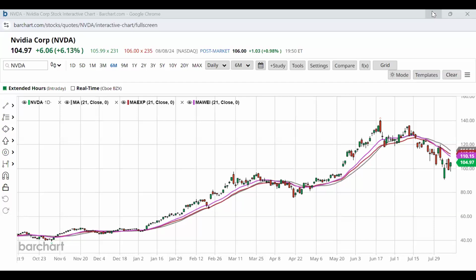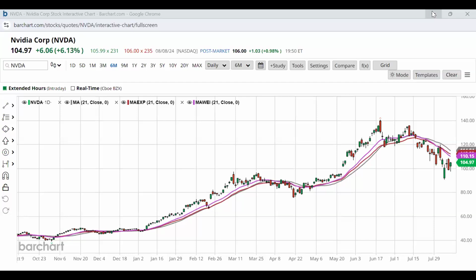And if we give more importance to what happened 1 day ago and less importance to what happened 21 days ago, then it is an exponential moving average. And if we give extra, very, very high importance to what happened 1 day ago, and very little importance to what happened 21 days ago, then it is a weighted moving average.